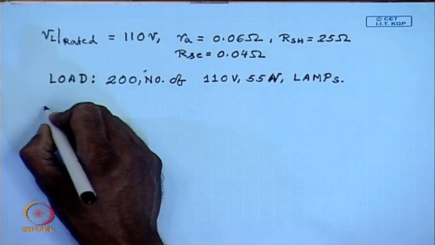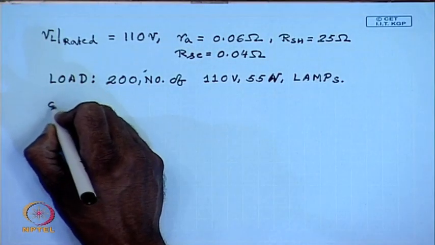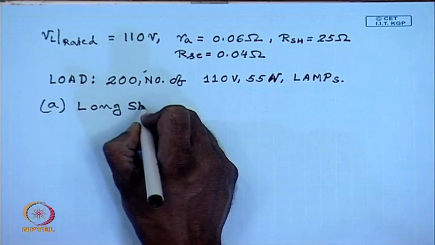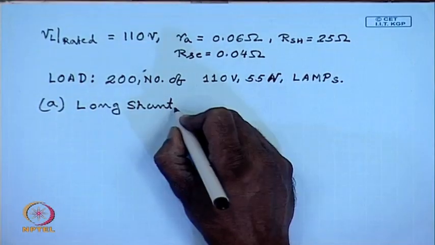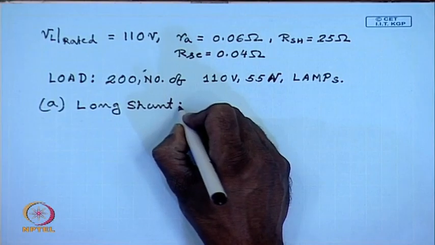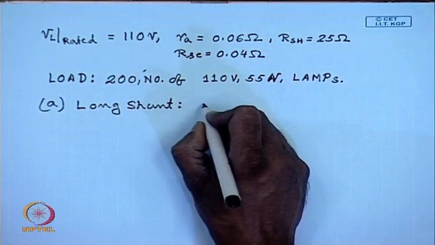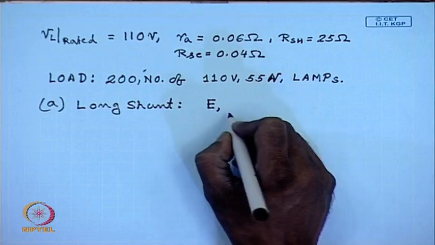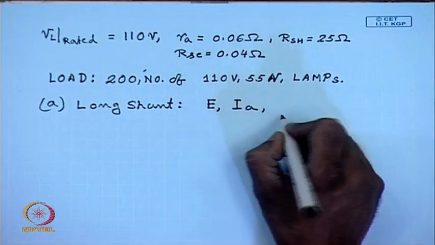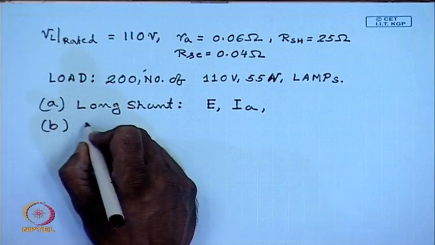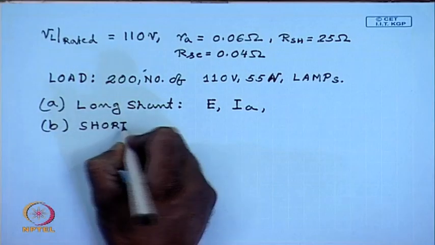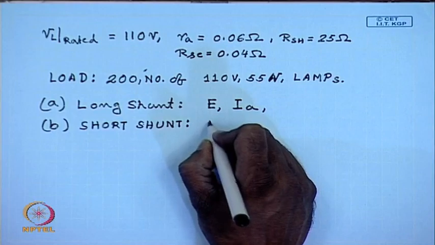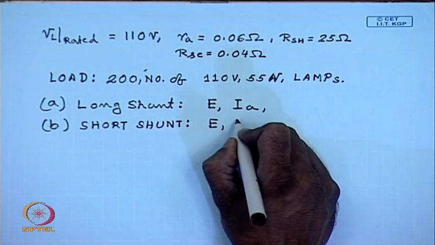Then find out (a) for long shunt connection, what will be the induced voltage E and the armature current IA, and (b) for short shunt connection, what will be again E and IA.